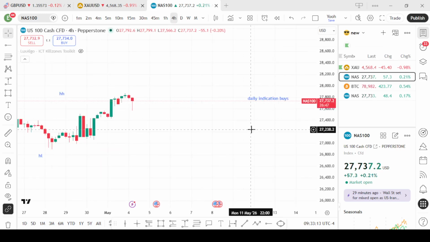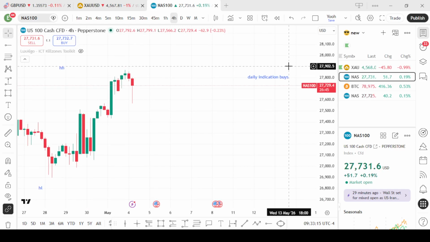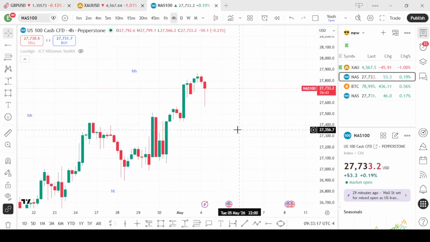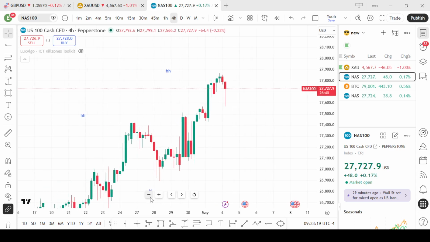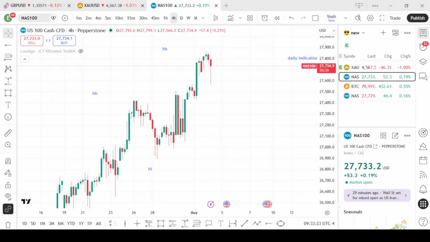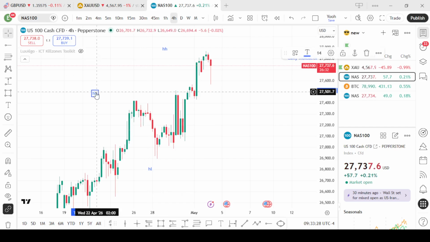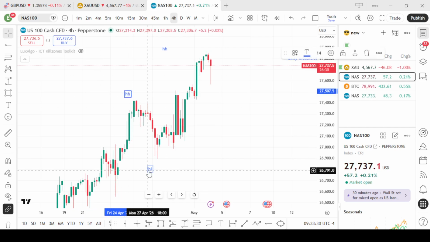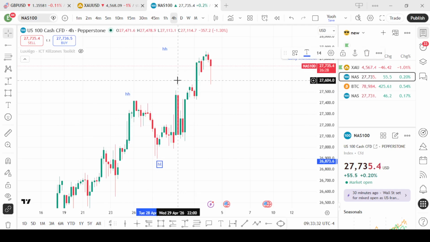Let's go to the 4-hour. On the 4-hour, what's our current market structure? You can just use this. High, higher low, higher high, higher low again, higher high, higher low, higher high.